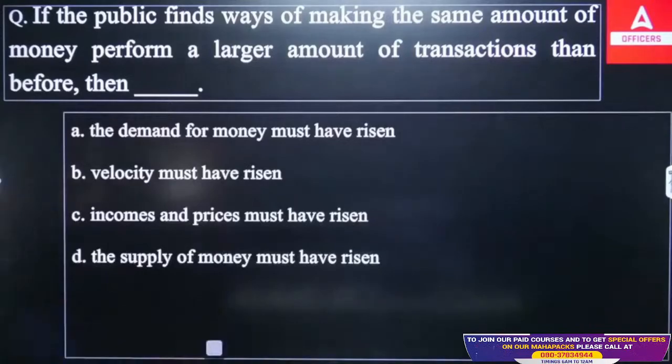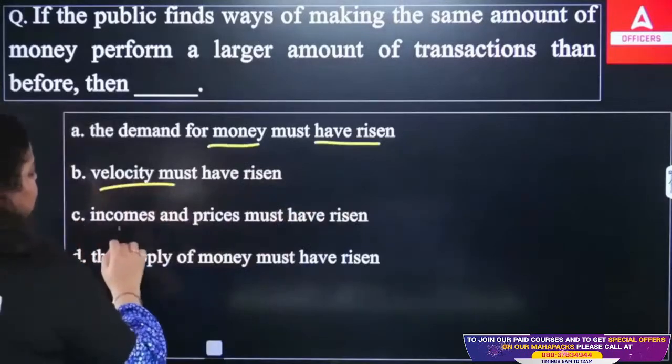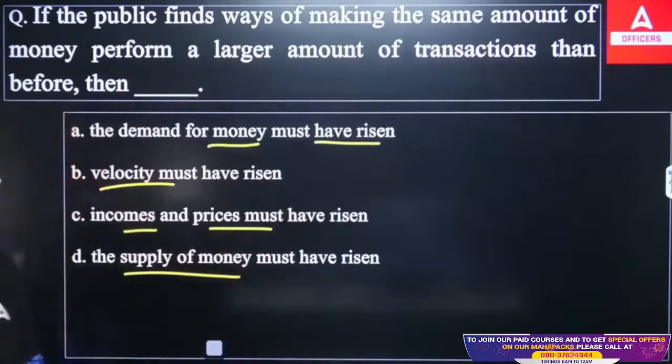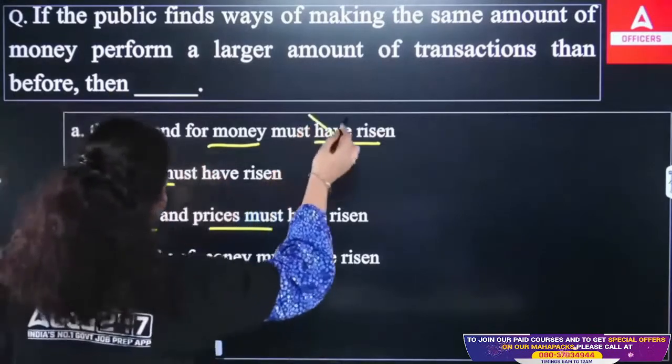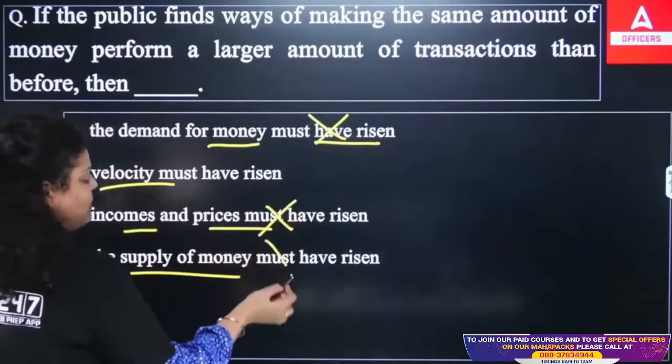Which of the following will be right? The demand for money must have risen. Velocity of money has risen. Incomes and prices must have risen. The supply of money must have risen. So it's very obvious the demand for money has not risen, the income and prices have not risen, the supply of money has not risen.